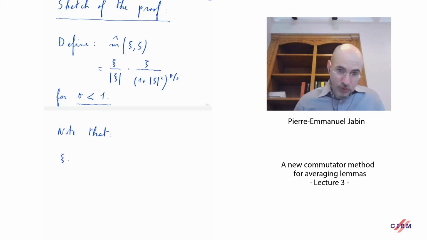Right, so if I'm looking at this term, which will give me the commutator, again, it's a very straightforward calculation, and what I get is the following.